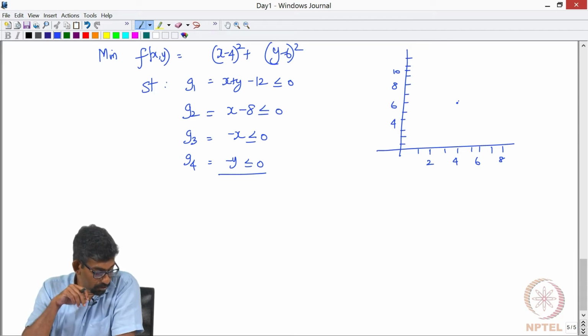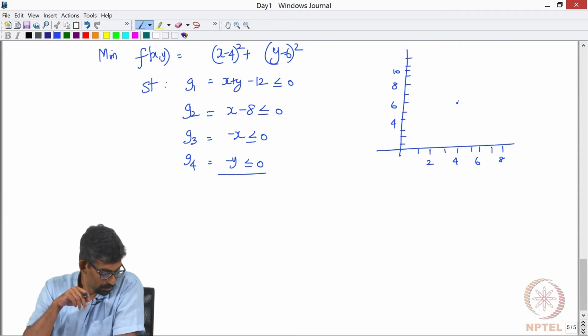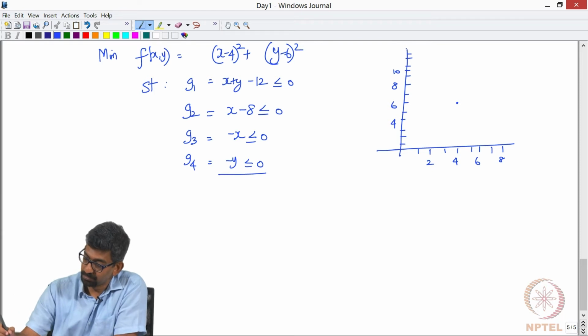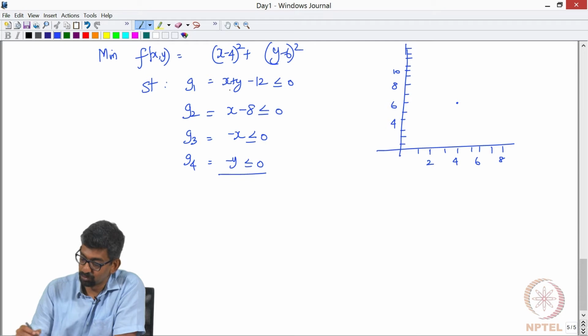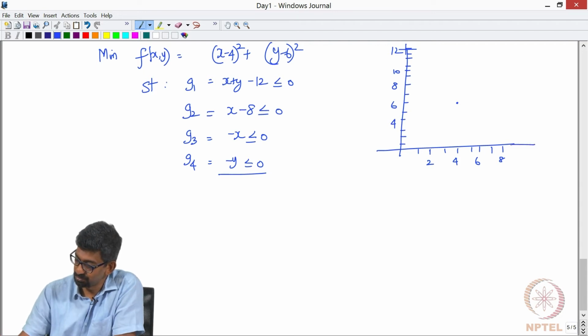Now, let us also draw the constraints. G1 equals x plus y minus 12. What does it mean? When my x takes 0, my y should be 12. Similarly, when y is 0, x is 12.